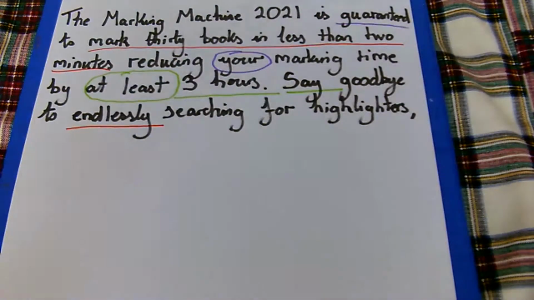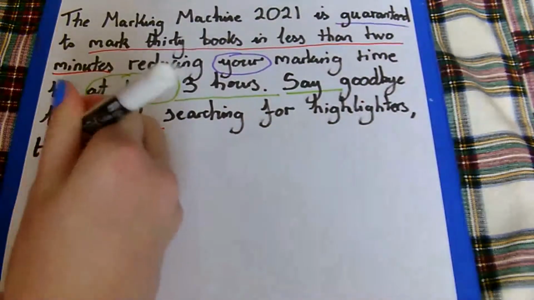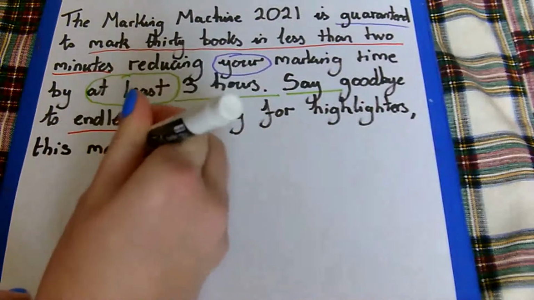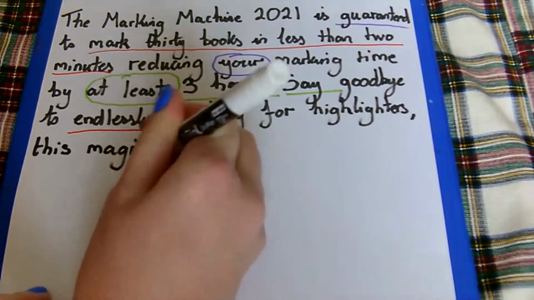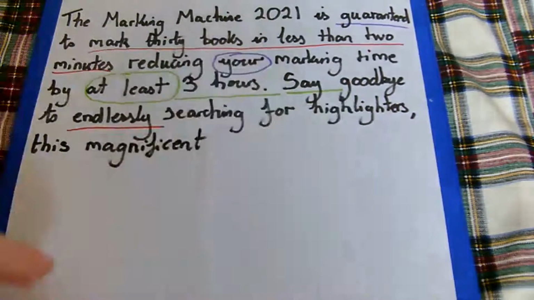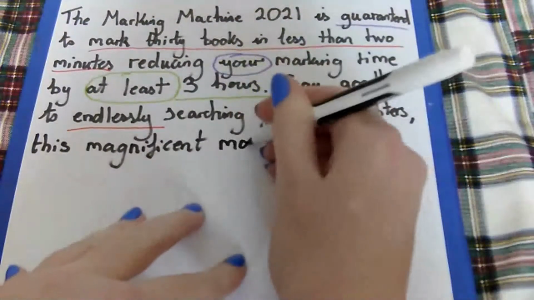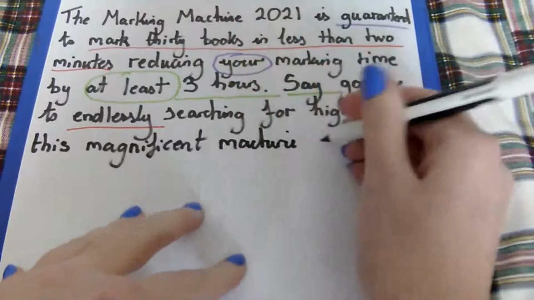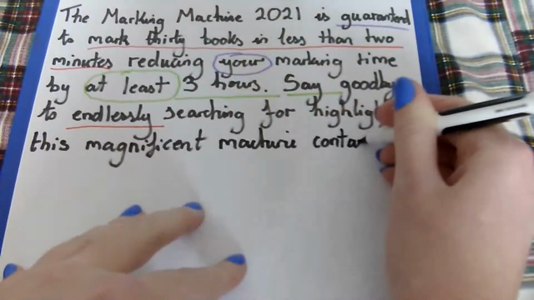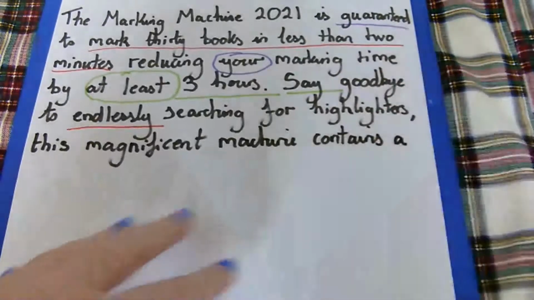Now I could say the Marking Machine 2021, but remember how we've talked about using different noun phrases. So let's think of a different noun phrase that I could use to replace the marking machine. So rather than actually saying marking, I could say here, this magnificent machine contains a never-ending supply of highlighter ink.